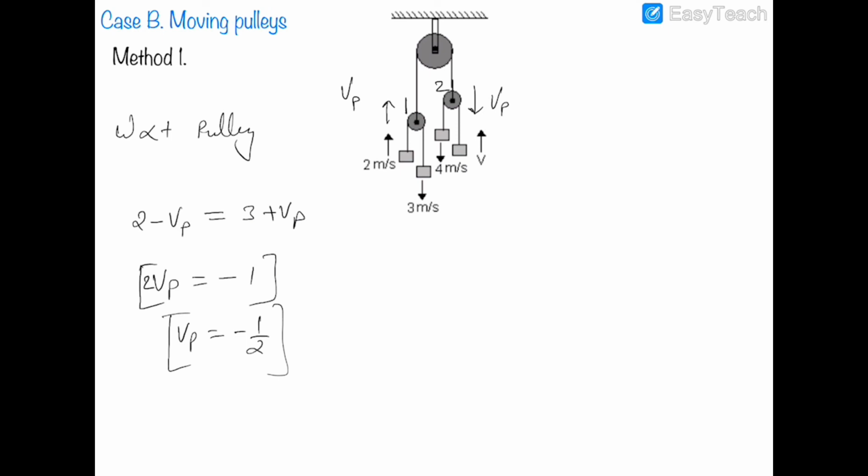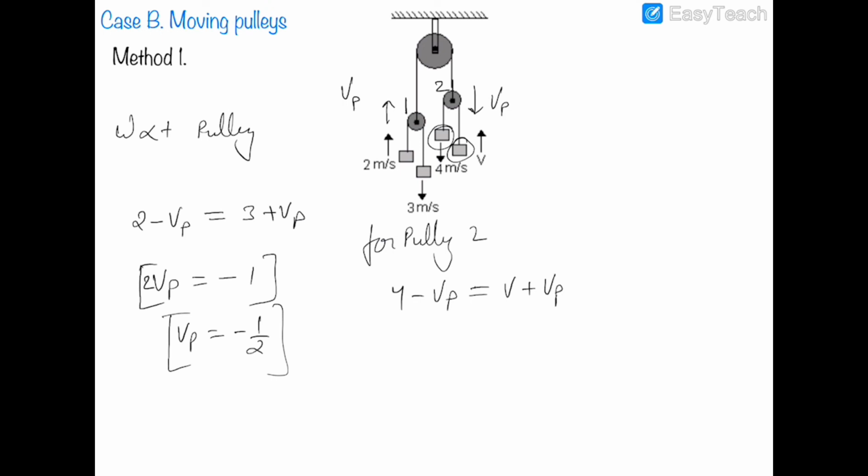Now for pulley 2, I can say that the velocity of this block, this one, with respect to the pulley is 4 minus Vp, and the velocity of this block with respect to the pulley is V plus Vp.